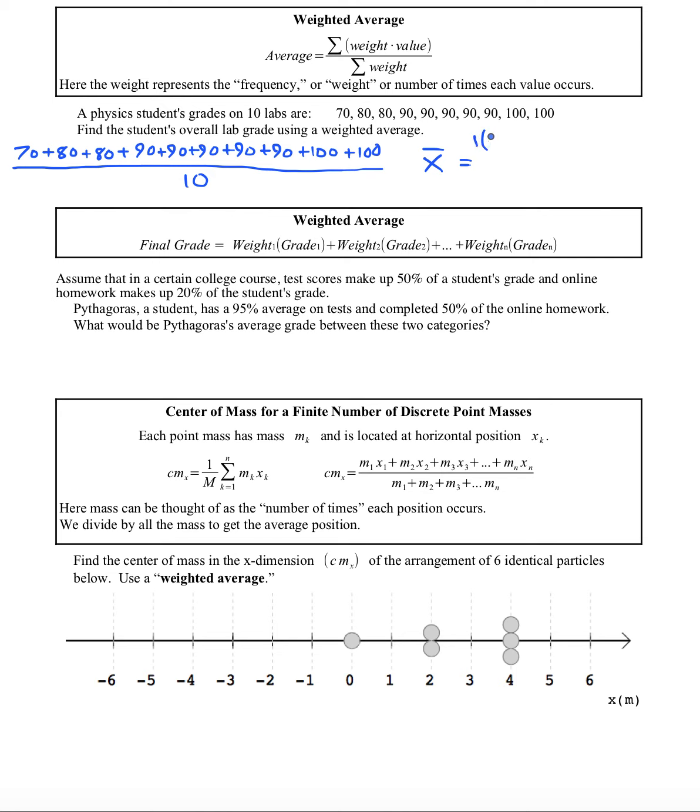multiply each item times the number of repetitions. There is 1 70, 2 80s, 5 90s, and 2 100s.